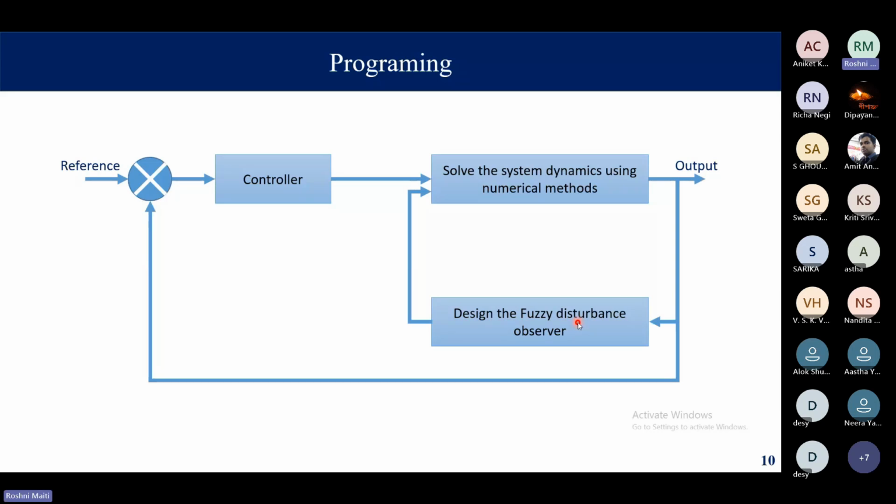That theta into zeta will be the estimate of the disturbance which is present in my system. So in each iteration, this block will give me the estimate of theta into zeta depending upon the values of x1, x2 and so on.